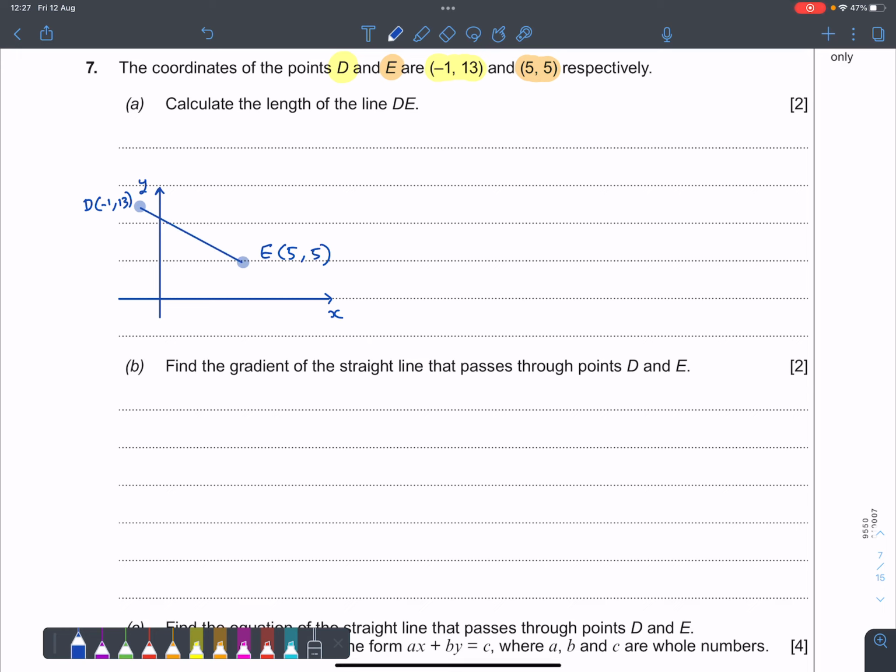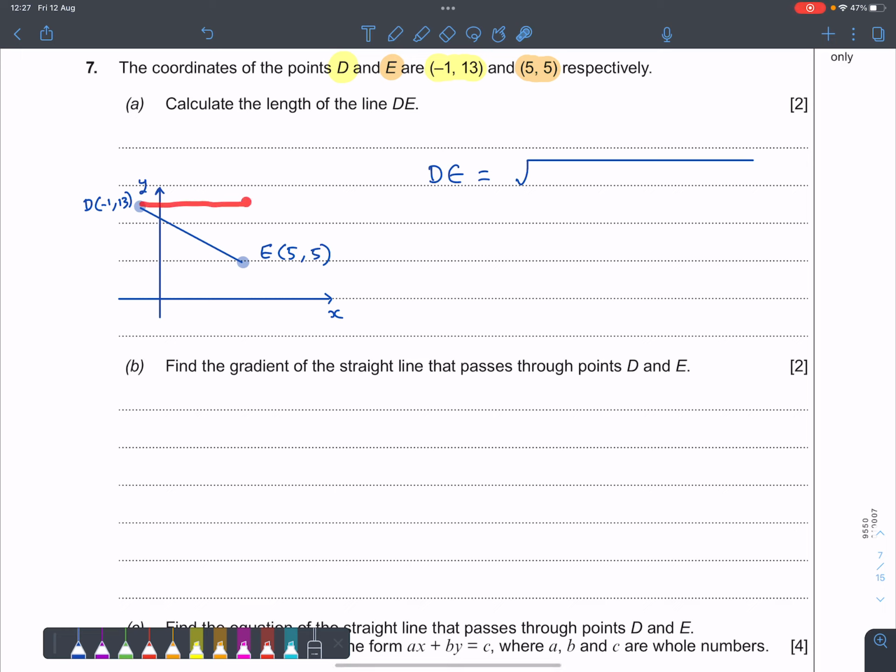Now this is essentially Pythagoras. We could create a right angle triangle there. This is the hypotenuse, and the other two sides are a and b. So the formula I'm going to use stems from Pythagoras, but I'm going to use a coordinate geometry version of it, which is that the length DE is equal to the square root of... Okay, so I'm going to try and work out this distance here.